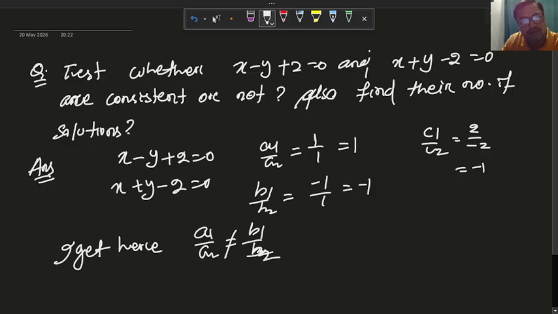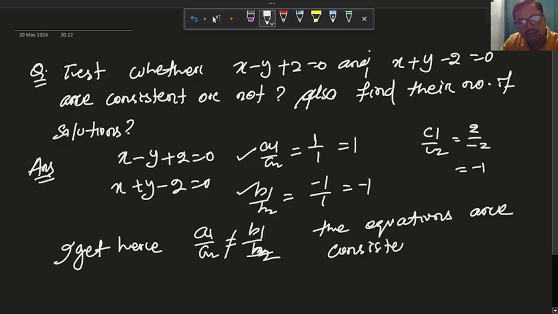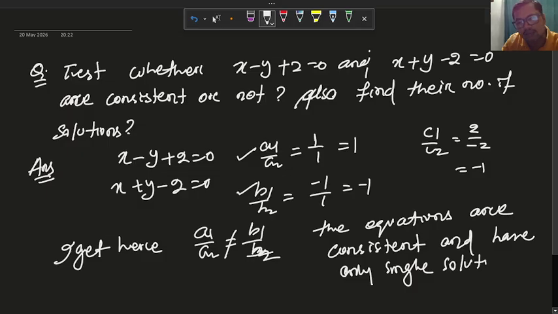The first two coefficient ratios are not equal. So the equations are consistent and have only a single solution, that is called a unique solution.